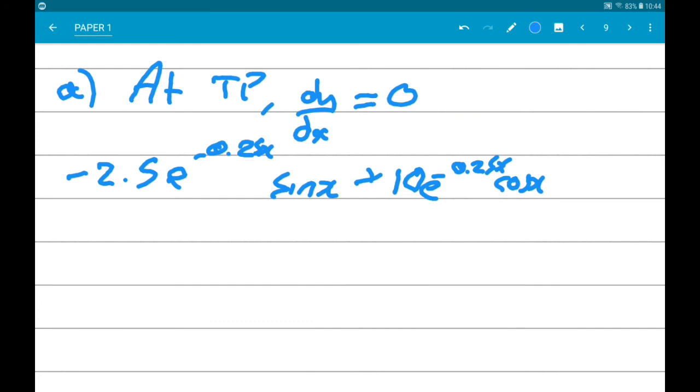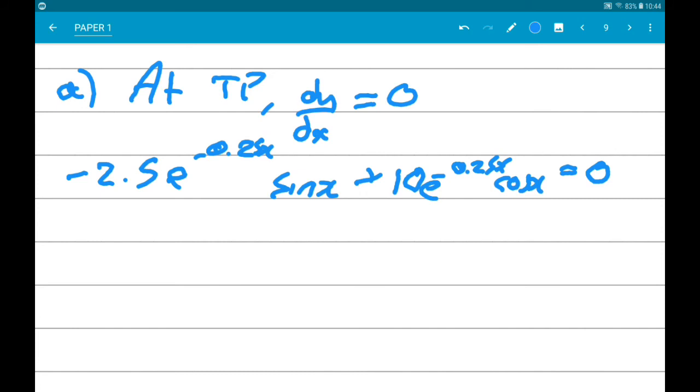Okay, now, at this point, we now want to somehow turn this into tan x equals 4. So, there is a common factor of e to the minus 0.25x.